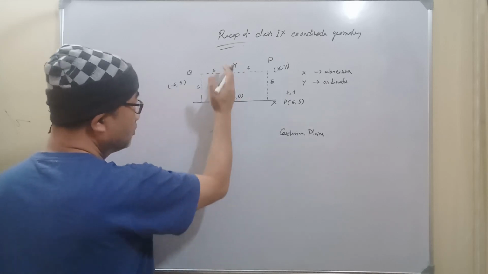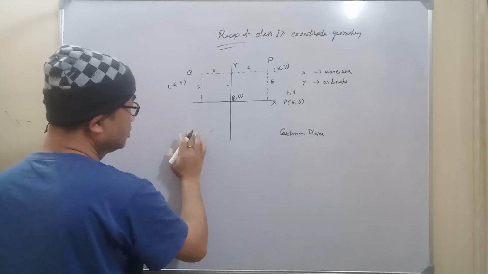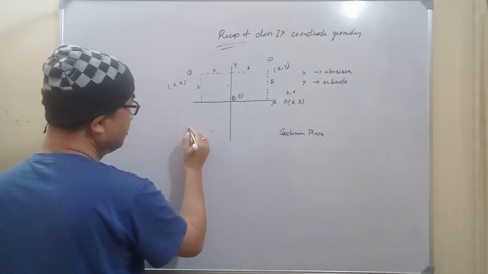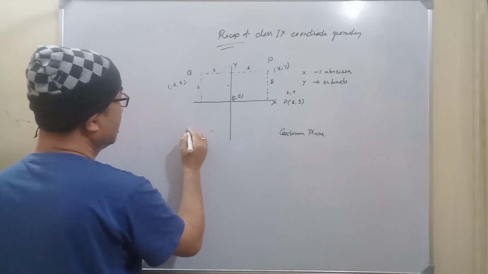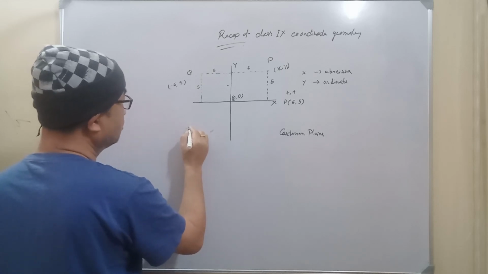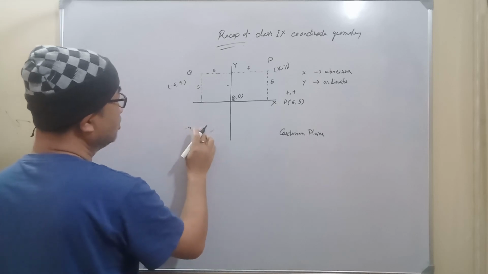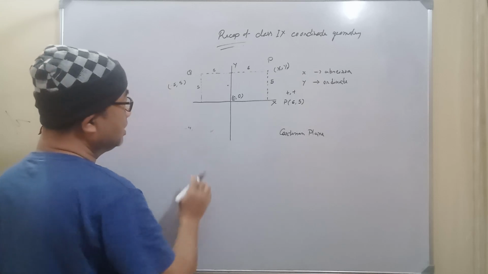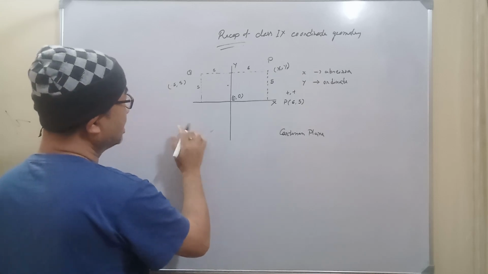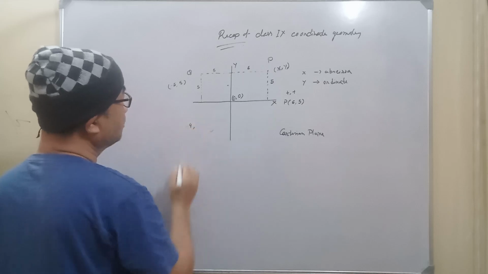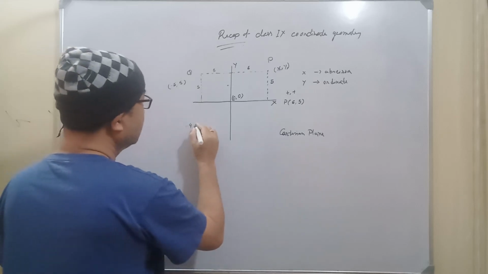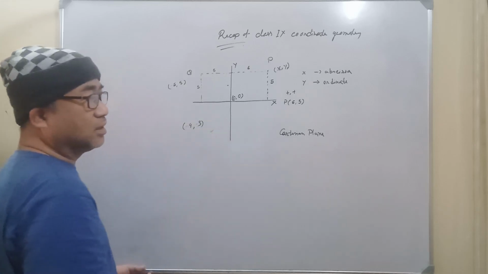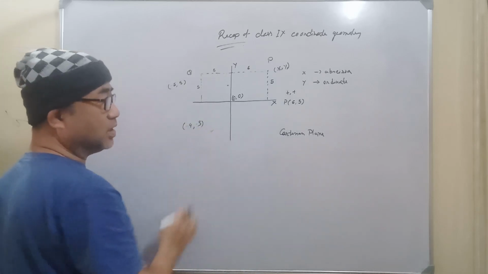Towards the left of the y-axis the values of x is always negative, so we can have a coordinate like minus 4. Okay, and what will be the value of y coordinate? What will be the sign for the y coordinate? It will also be negative.